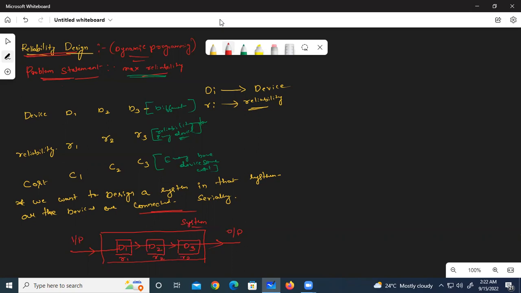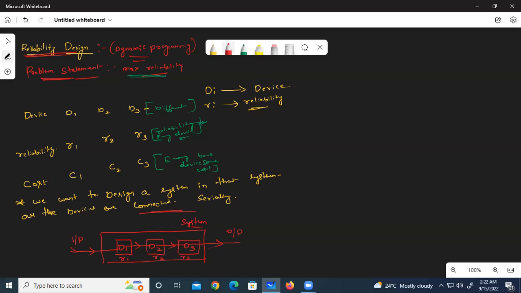D1, D2, D3 are connected one after the other. If you want to get the output, you have to pass D2, and you have to pass D3. Then only will you get the output, otherwise it is impossible. Without D2, you cannot achieve the output. Without D1, you cannot achieve the output. The input passes from end to end like this.